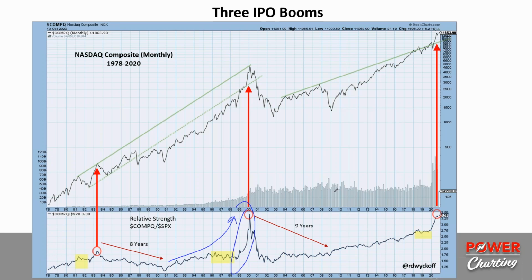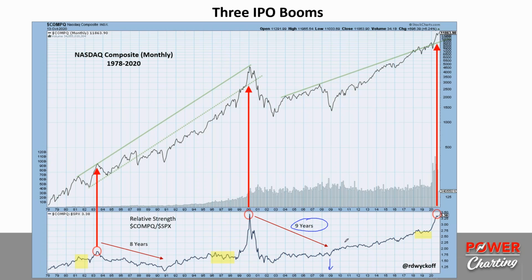And that was an incredible IPO boom, incredible. And so now we can see that following that, there was a terrible bear market in Nasdaq that took place from 2000 until around 2003. But even after that, the Nasdaq could not perform well all the way up until about 2009.